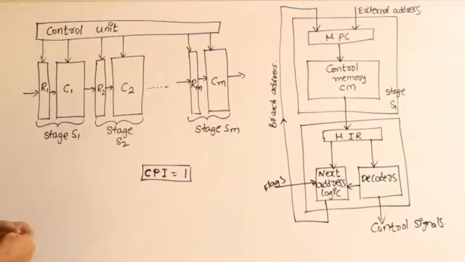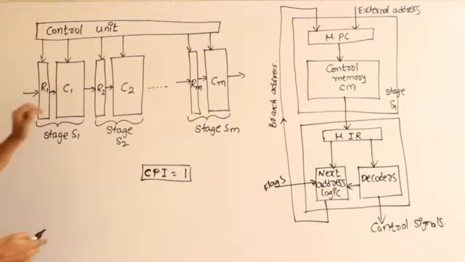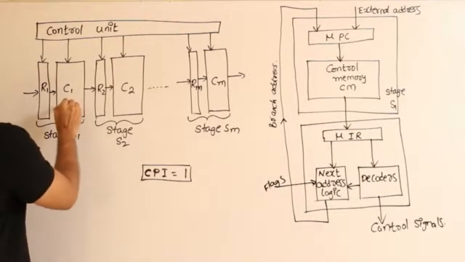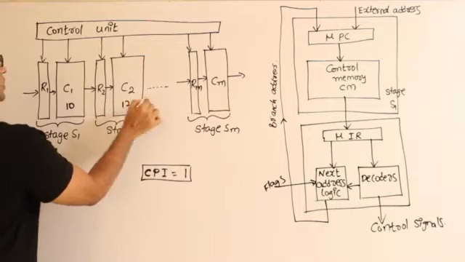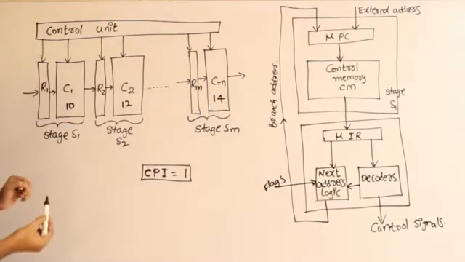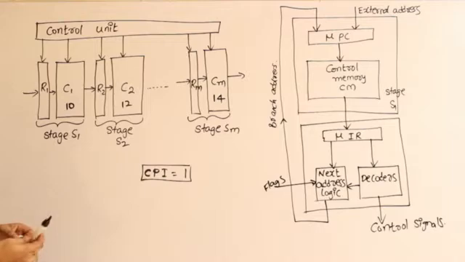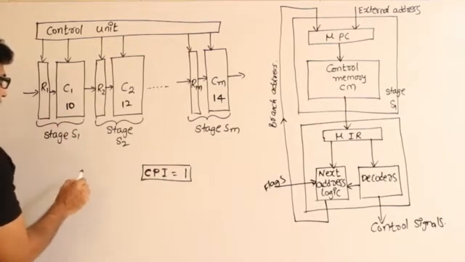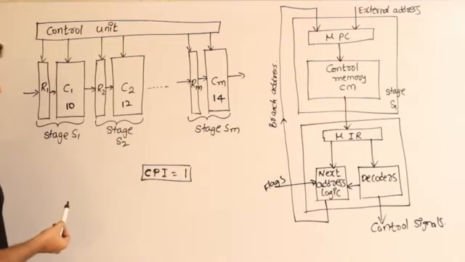How should we set the clock? Let us say for this unit the time taken is 10, for this one 12, for this one let us say 14. Assume that we have 5 units here: stage 1, stage 2, stage 3, stage 4 and stage 5.